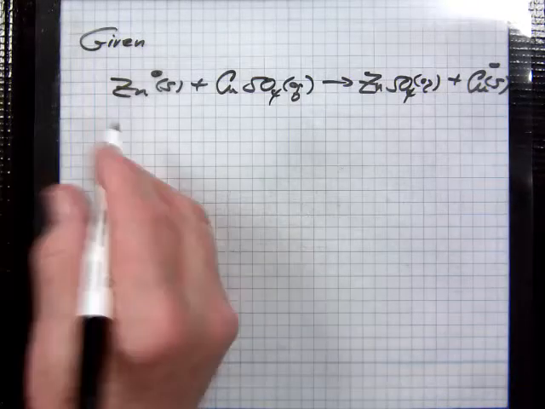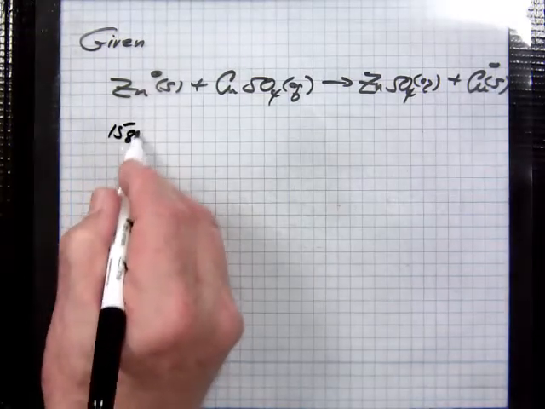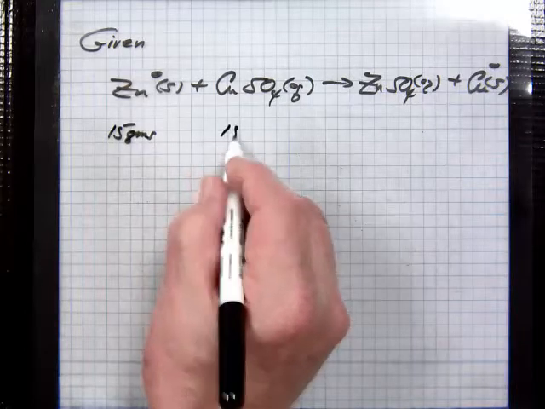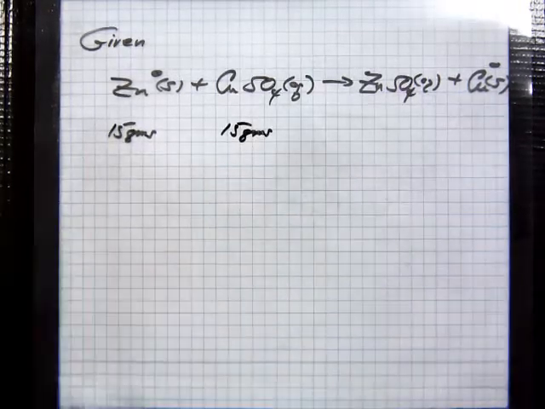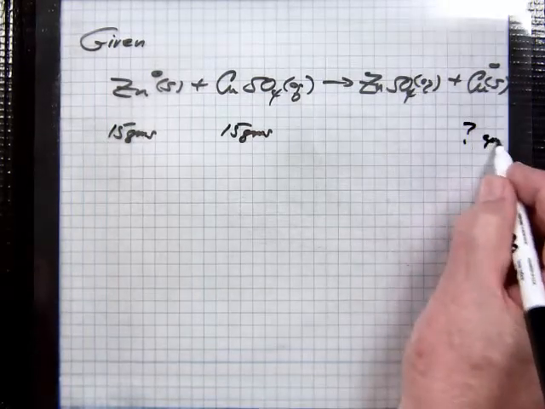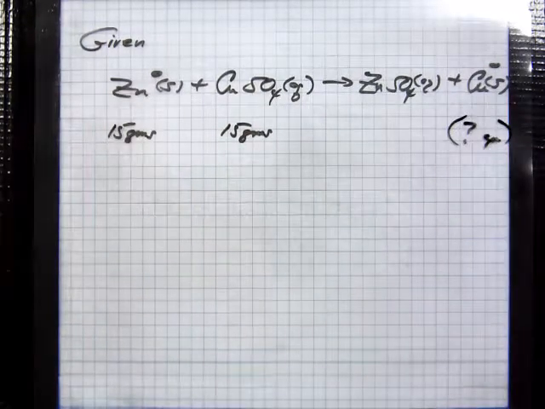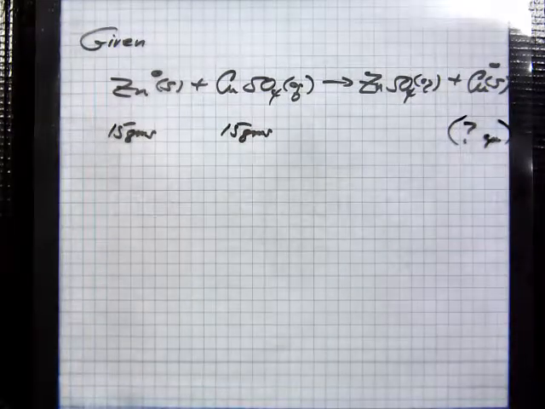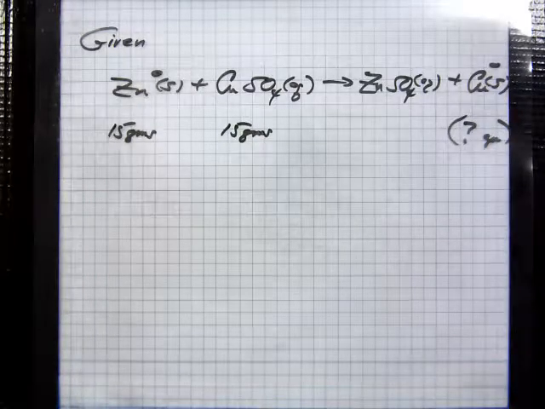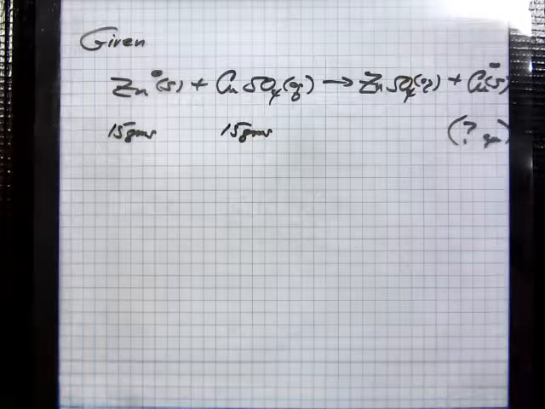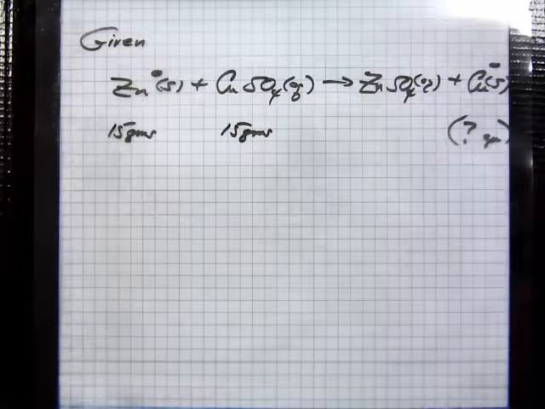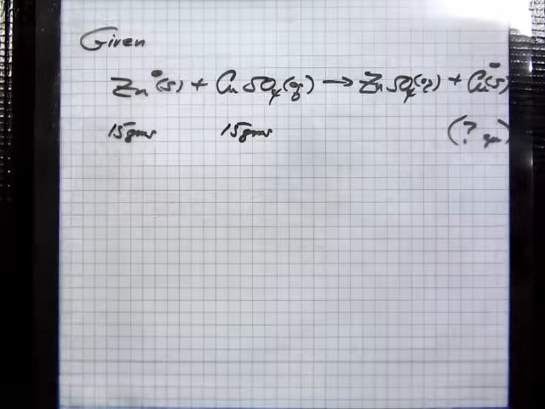If you start with 15 grams of zinc and 15 grams of copper sulfate, how many grams of pure copper will come out of that? You've got to convert those to moles, divide by the respective coefficients, 1 and 1. I'm doing this for a specific point, and then working from the limiting reagent.